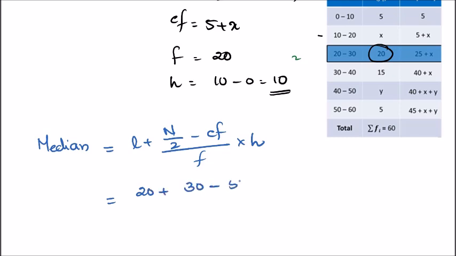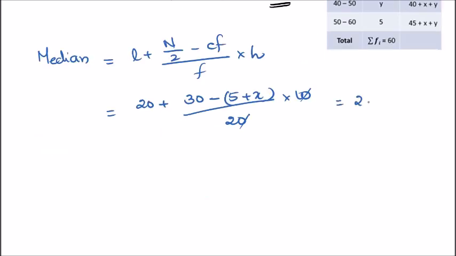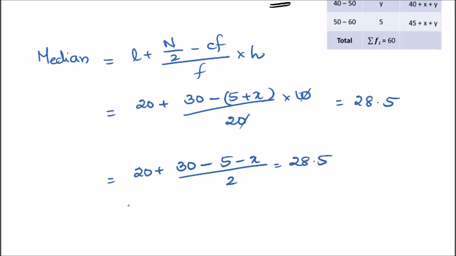CF is 5 plus x, whole divided by F is 20, into H is 10. This is given as 28.5. That's equal to 20 plus (30 minus 5 minus x) divided by 2 is equal to 28.5.